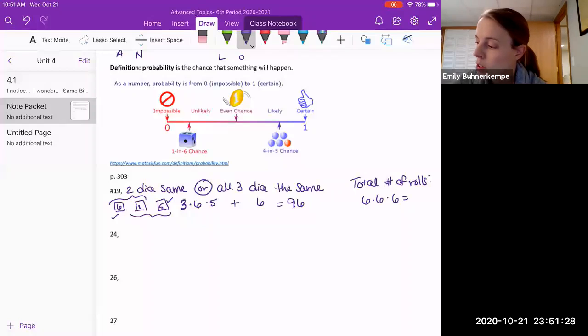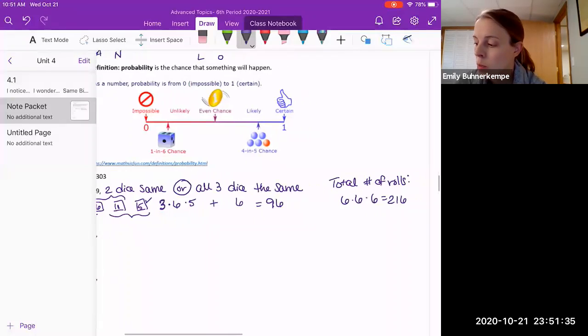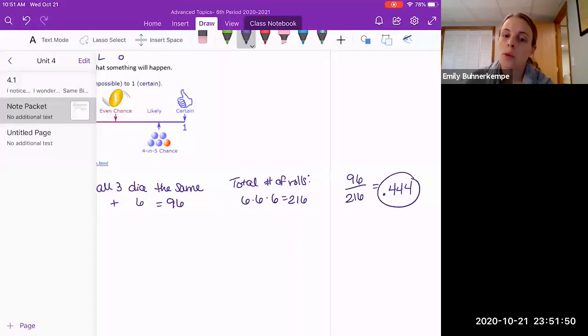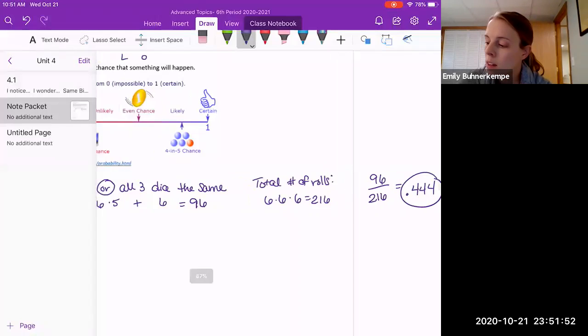And that would be 216 total number of rolls using 3 dice. So for probability, you're going to divide these two. So 96 divided by 216. We're going to get 0.444, or another way of saying that is that there's a 44.4% chance of this happening.